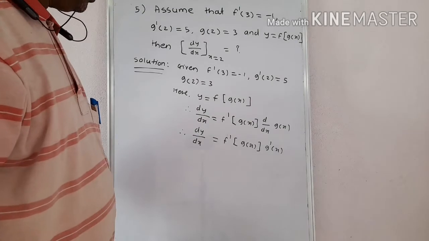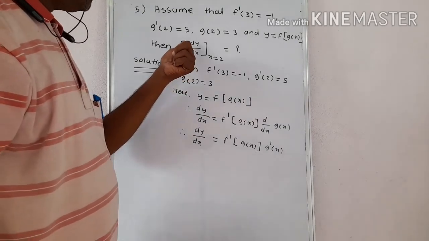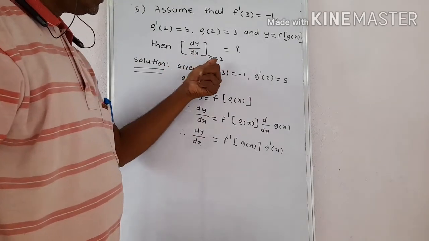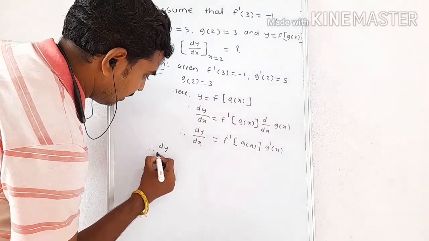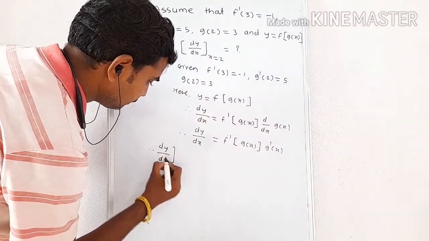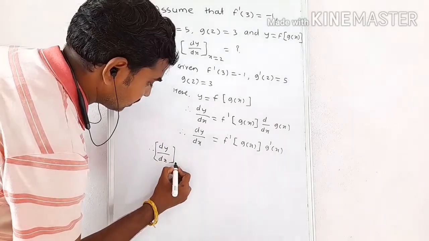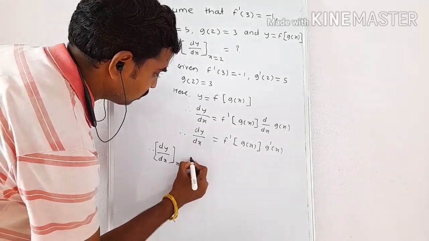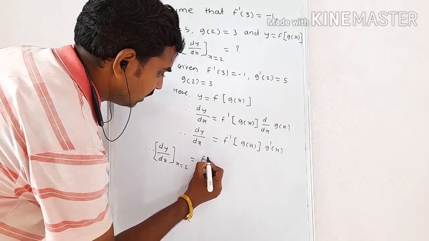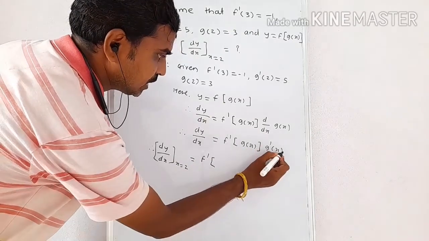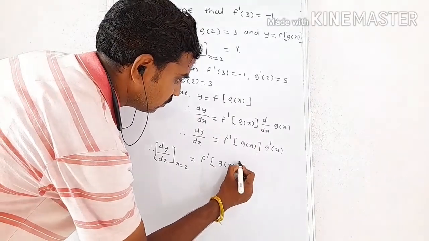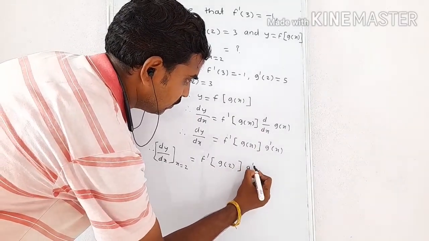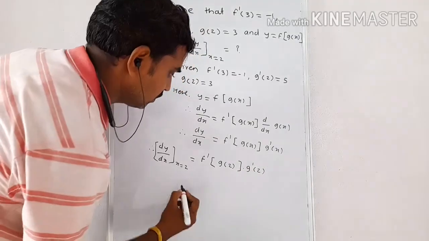Now, which value do we want to calculate? We want to calculate the value of dy by dx at x equal to 2. Therefore, dy by dx when x equal to 2 is equal to f dash of, we have to replace x by 2 in this formula. Therefore, we get g of 2 into g dash of 2.